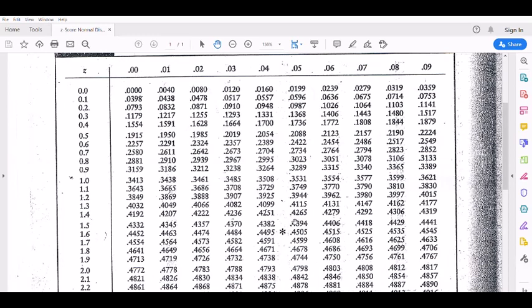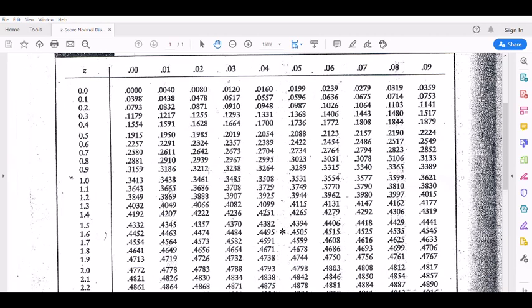So 34 is 78. So I'm looking for 34s. 34 here, 34 here. 78 would be between these. So think of it as just 61, 85. What's 78 closer to?